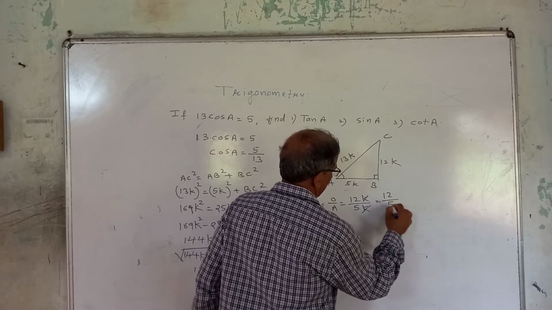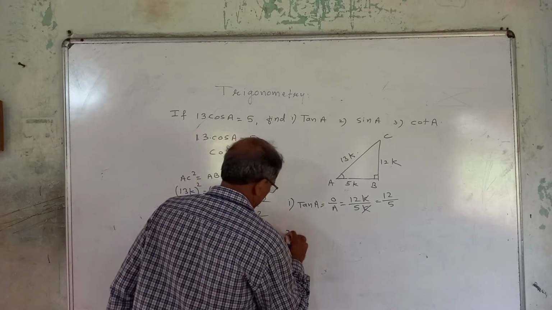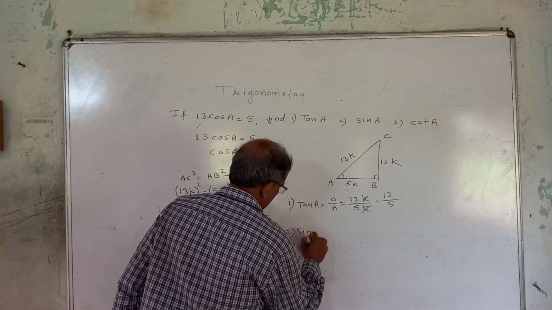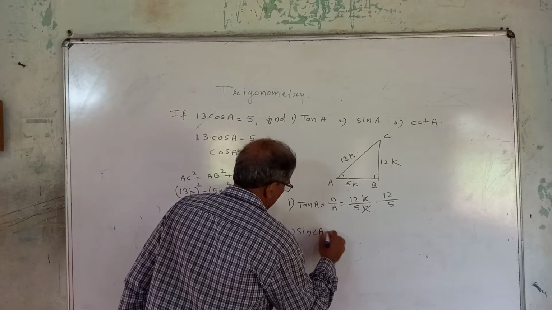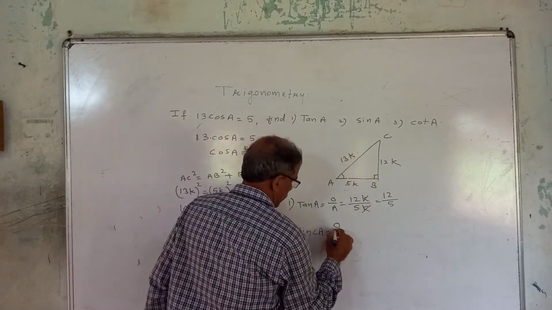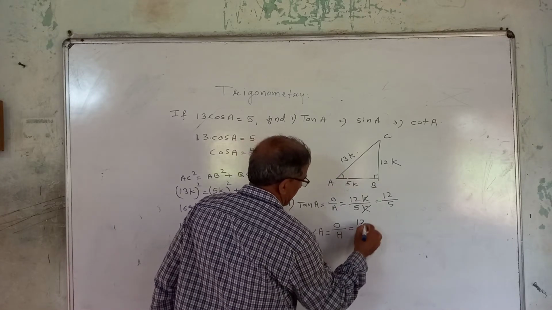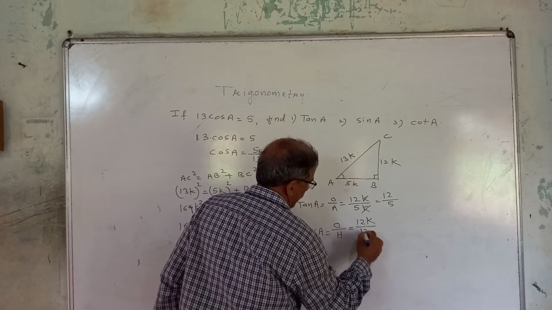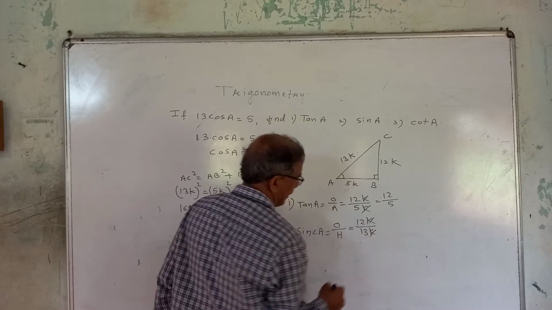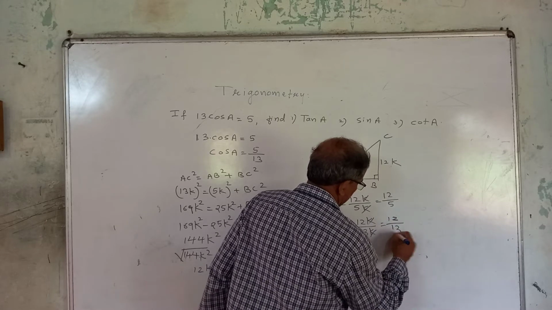This is 12 by 5. Then sin A. Sin of angle A is opposite upon hypotenuse. What is the opposite side? BC, that is 12k upon hypotenuse 13k. K gets cancelled. That is 12 upon 13.